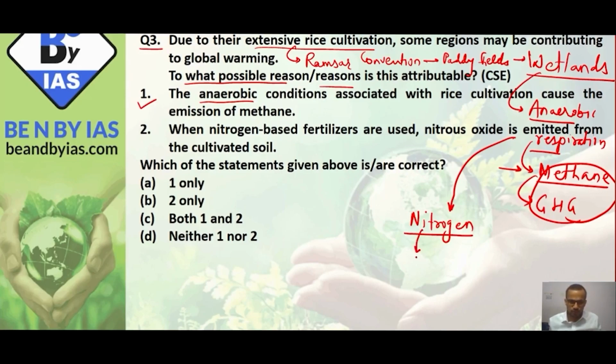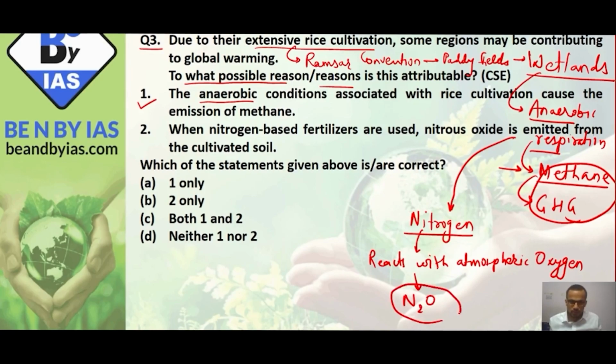This nitrogen reacts with atmospheric oxygen, and this subsequently leads to formation of nitrogen oxide, which is again a greenhouse gas.